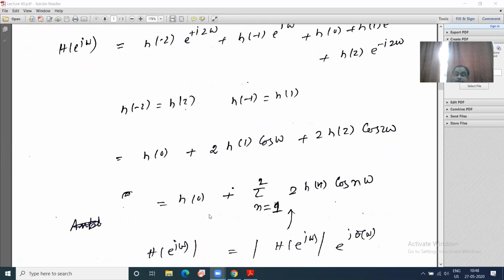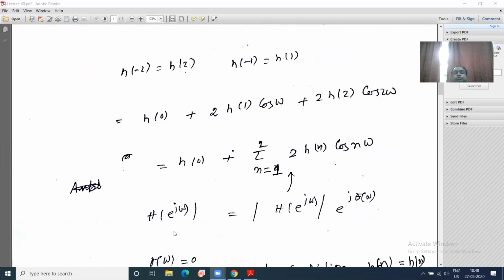Now, what is the advantage of this assumption? The transfer function equals the magnitude of H of e power j omega into e power j theta of omega, theta of omega being the phase. We were considering a lot about linear phase. Now, if the phase is 0, then there is no question of phase distortion, right? So this is one advantage, that phase is equal to 0.